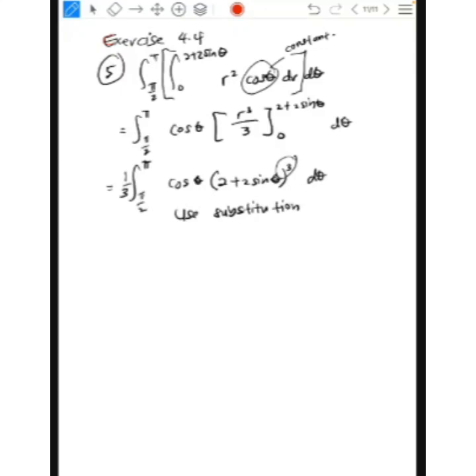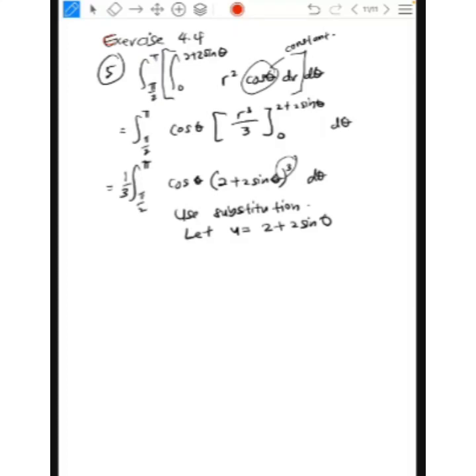Beza sine dapat cos. Beza cos dapat sine. Okay, so bila you nampak benda macam tu, when you want to differentiate one function, you will get the other function, then you can use substitution, okay? So let u equals to 2 plus 2 sin theta. 2 plus 2 sin theta only, without the to the power of 3. Sebab kalau ambil power 3 tu juga, dia tak jadi apalah. Okay, because power of 3 tu dia memang kat situ.